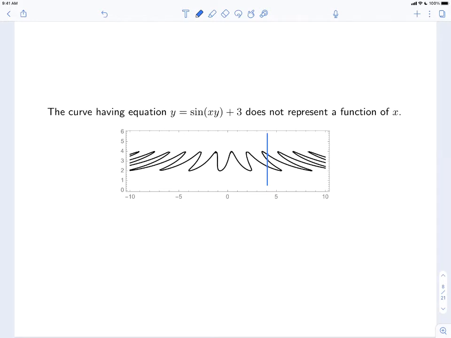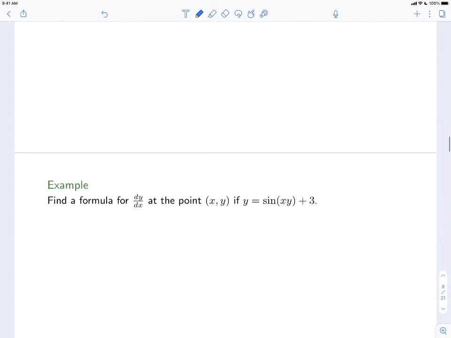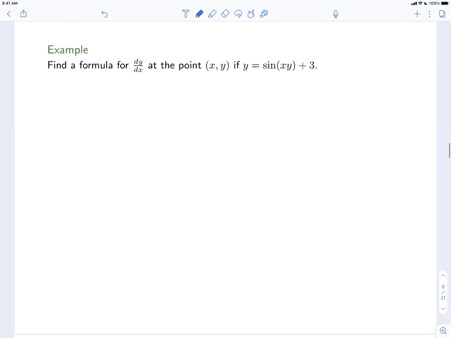However, we can still find the equation of a tangent line at a given point using implicit differentiation to determine the slope. So let's find a general formula for the slope of a tangent line at a point x comma y for this equation. So we have that y is equal to sine of x times y plus 3.